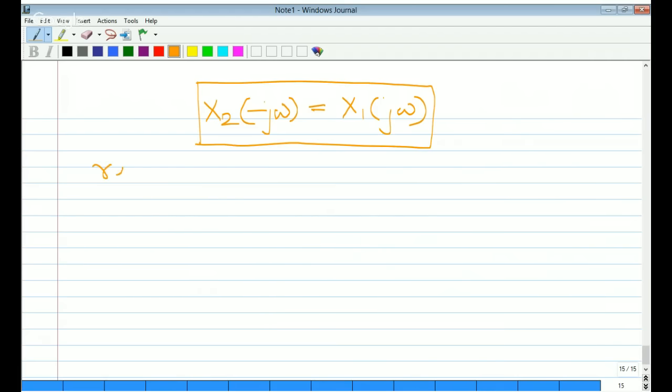Secondly, what happens whenever a signal is real? Its Fourier transform magnitude spectrum is always even. That is, it is symmetric about the jω axis or the imaginary axis. Now, if you see, both these curves are not symmetric about the imaginary axis.